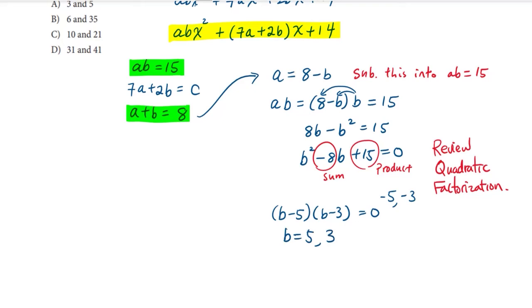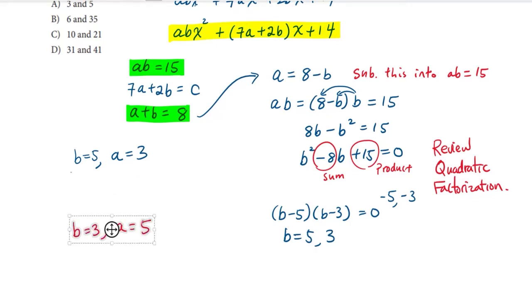When b is 5, a would be 3, since the product has to be 15. When b is 3, then a would be 5. So we've got two choices. Putting back into 7a plus 2b to find c, let's do each choice.